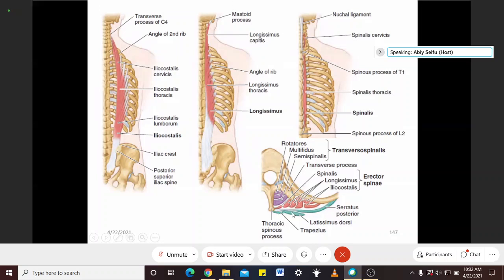Look, this is the green one, which is the superficial back muscles, and the intermediate one. They are extrinsic.